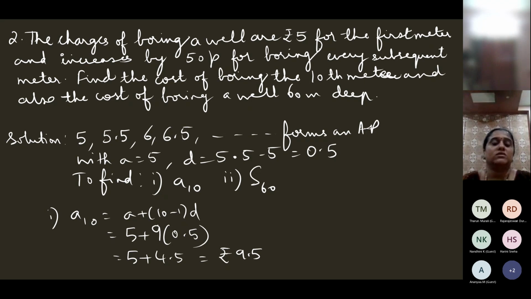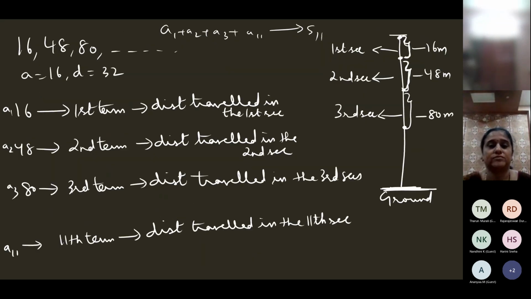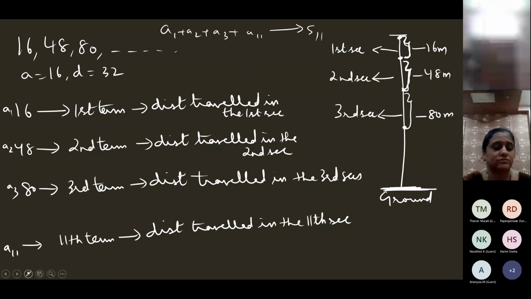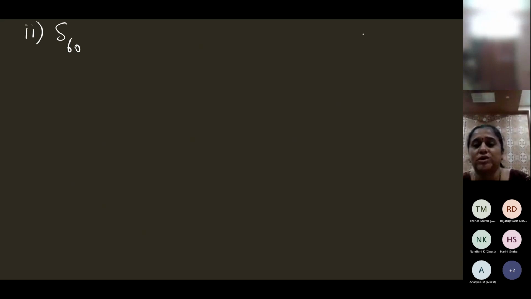Now, the next is to find the cost of boring a well 60 meters deep. So for that, you will have to pay him A1 plus A2. Next it is S60 because you'll have to pay him the charge for boring the first meter, second meter, third meter, fourth meter.